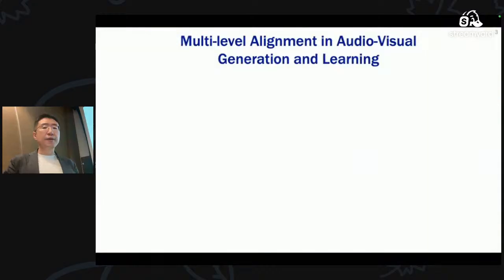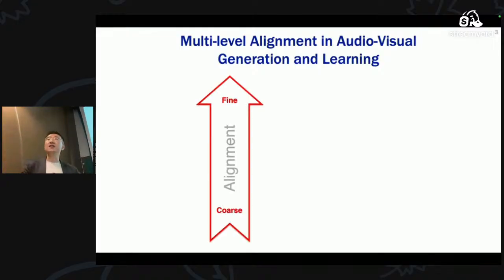When I see this problem of alignment between audio and visual, I treat it as a spectrum of alignment from coarse to fine level. At the very coarse level, audio and visual are just loosely connected by, say, categorical labels or phrases.